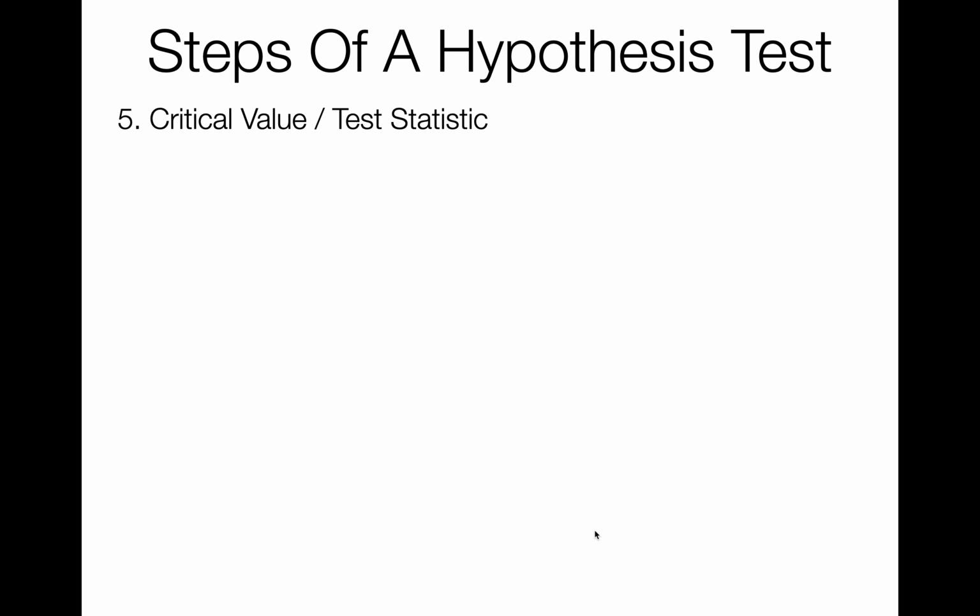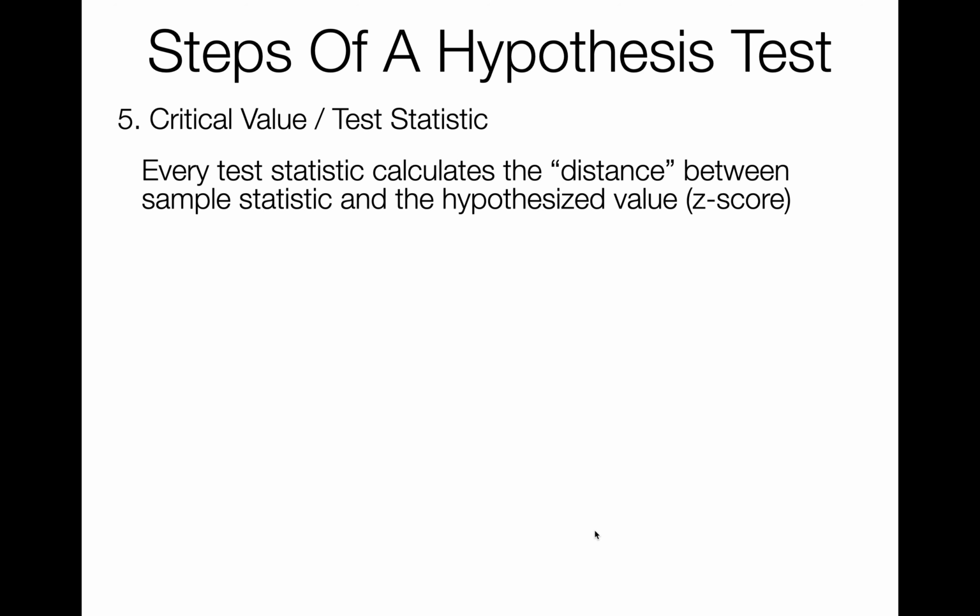So we're going to assume that the null hypothesis is true, and then this test statistic is going to tell us how far from that original hypothesis our sample is. Every test statistic calculates the distance between our sample and the hypothesized value.